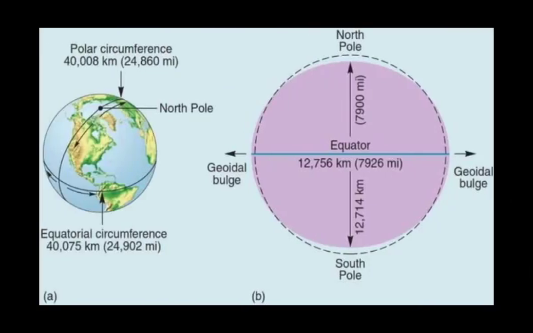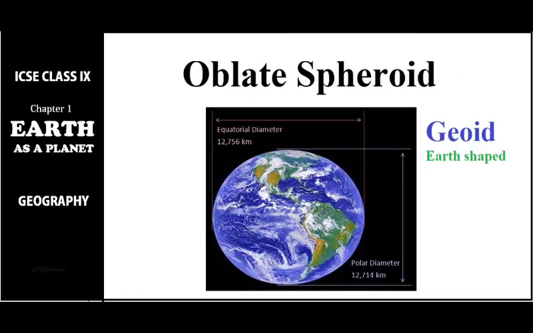If you see the diameter from north pole to south pole, it is around 12,714 kilometers. From east to west, it is a little more than that, 12,756. That is because it's not a perfect sphere. It has an orange-like shape, and this shape is called an oblate spheroid or geoid.